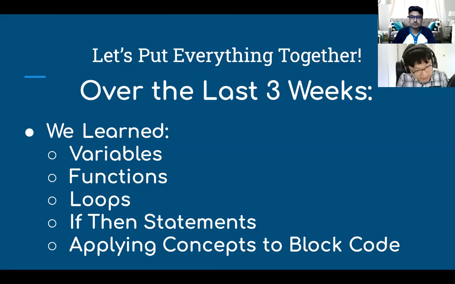We have loops, which are the ways we repeat tasks and various actions in our code. We have if-then statements. We've used that to do things conditionally, based on whether things are true or false. And we have applied all those concepts to block code so far.